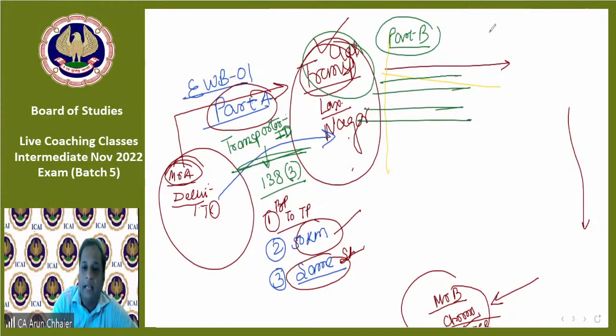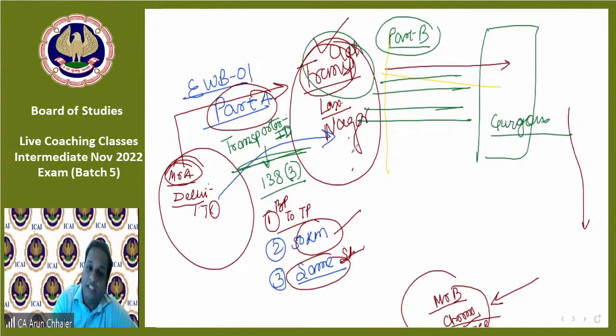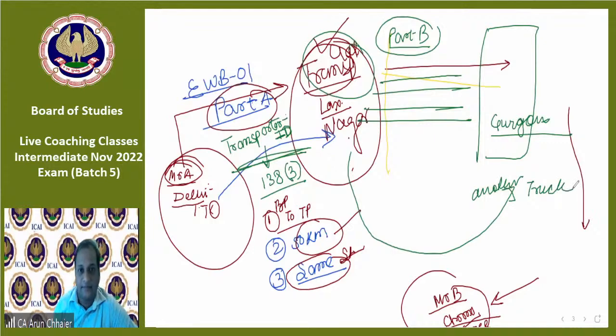Fine, no problem. Let's say the goods reached to Gurgaon and met with an accident. Now this transporter has sent the new truck, another truck. So goods would be unloaded from the truck number 1 and now it will be loaded in the truck number 2.